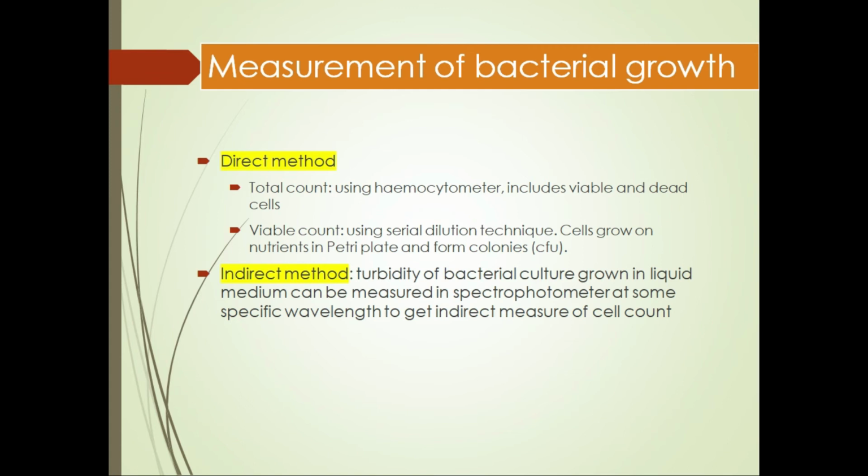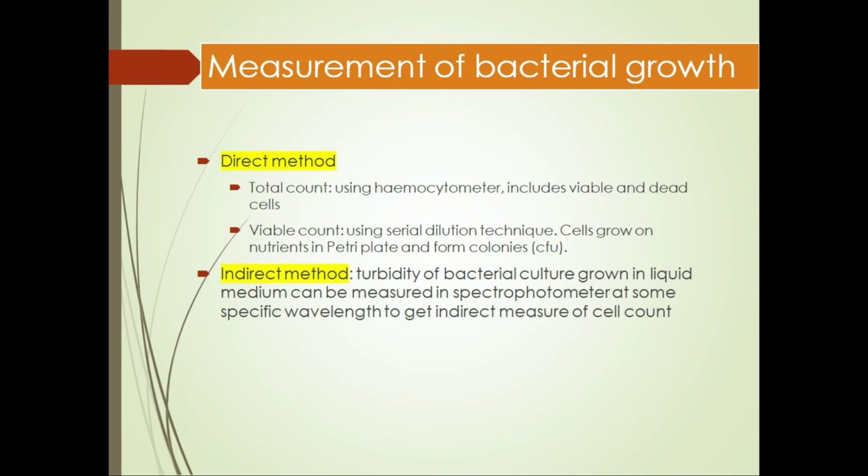Each living or viable bacterial cell will form one colony, and the number of colonies will indicate the viable count in our sample. So we actually count the colony forming units, or CFU. So this viable count gives you the actual figure of the living cells.